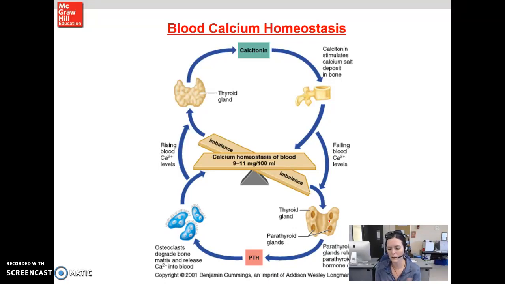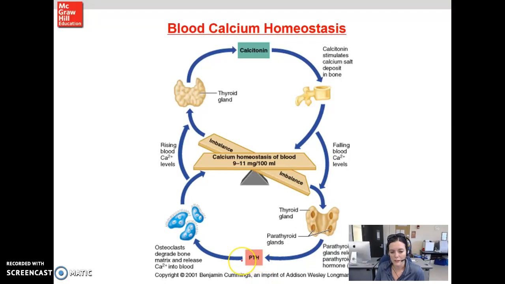Para means alongside, so parathyroid glands are alongside, or attached to, the thyroid gland. When the calcium levels get low, the parathyroid gland secretes parathyroid hormone. So here at the bottom of the figure, calcium levels have dropped low and parathyroid hormone gets secreted.